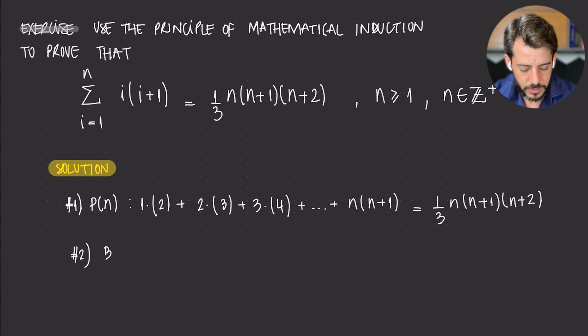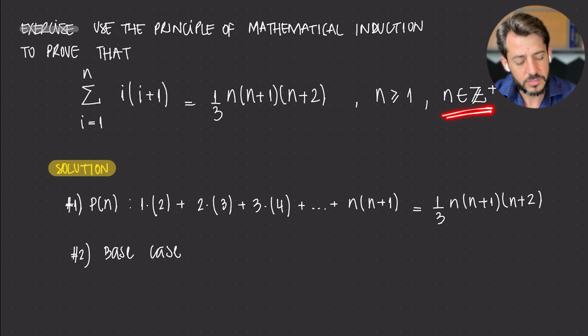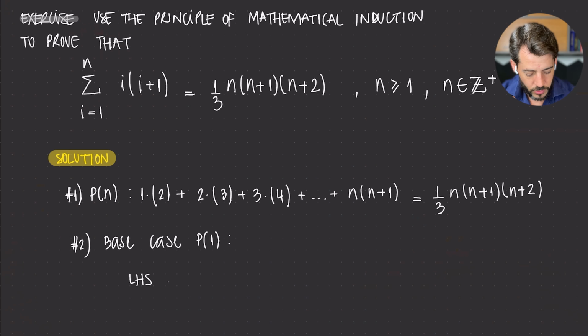Step number 2, let's go through the base case. Given that we're talking about positive integers starting with 1, of course, the base case should be the propositional function calculated when n is equal to 1. On the left-hand side, we have 1 times 2, the first term of this expansion, which is equal to 2.